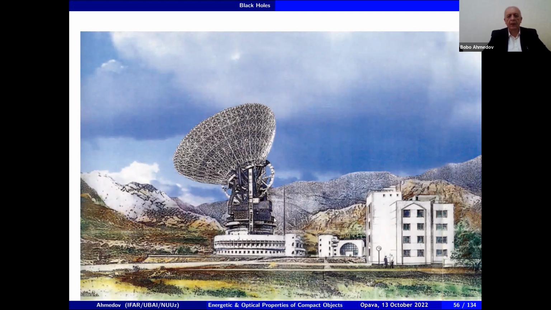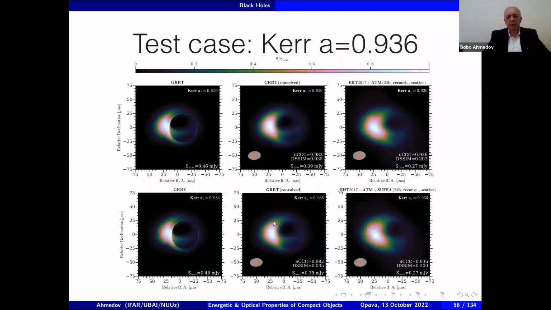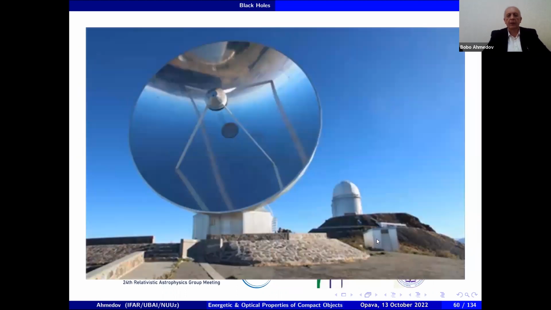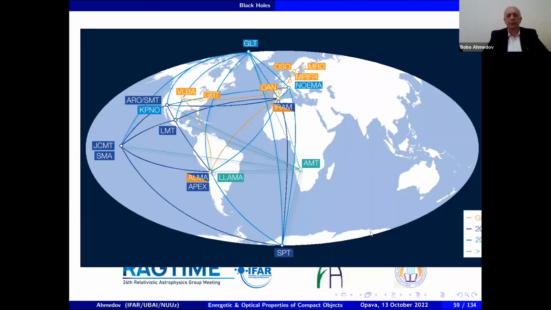These are synthetic images produced including the Suffa radio telescope, which will appear in the future, and they show that the Event Horizon Telescope can be extended through the Namibian telescope to the area of the RT-70.